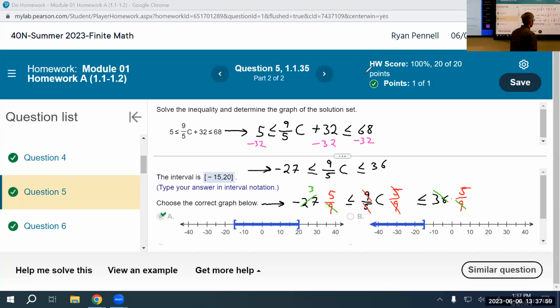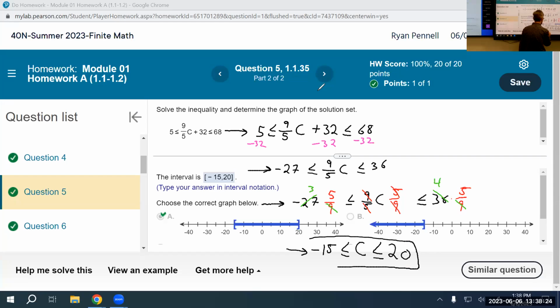And I think that's just 4, right? So that would be 4 times 5, which is 20. So I think, barring arithmetic mistakes, this would be negative 15 is less than or equal to C, which is less than or equal to 20. That's what I think. Okay. So there it is.